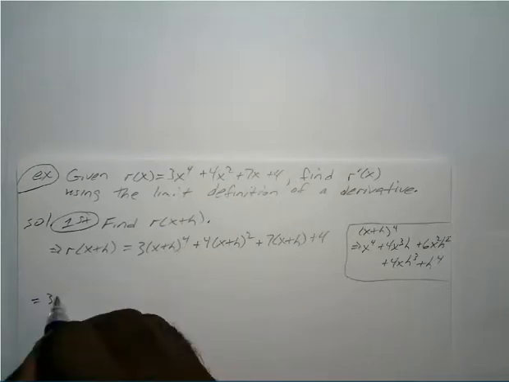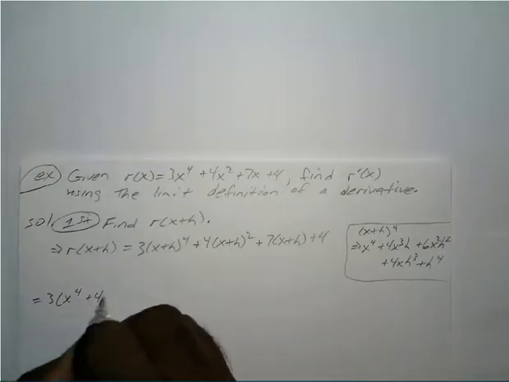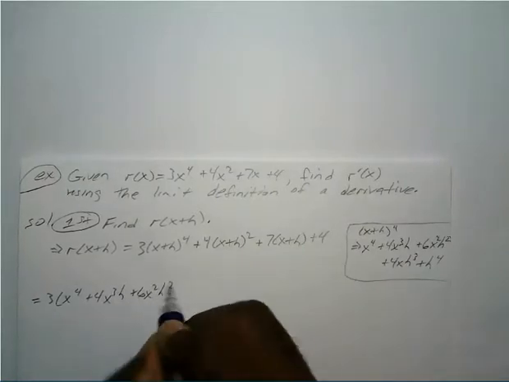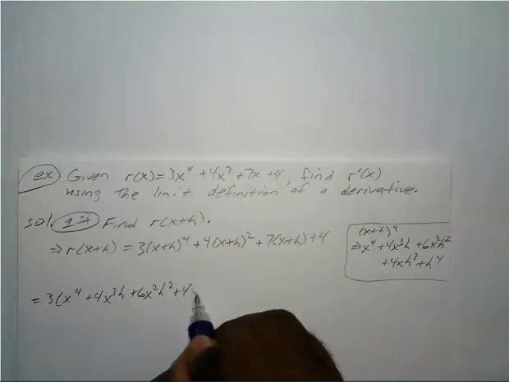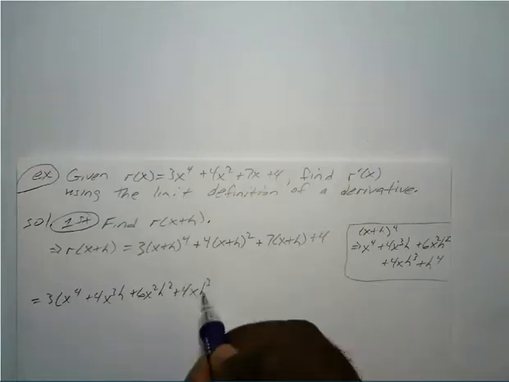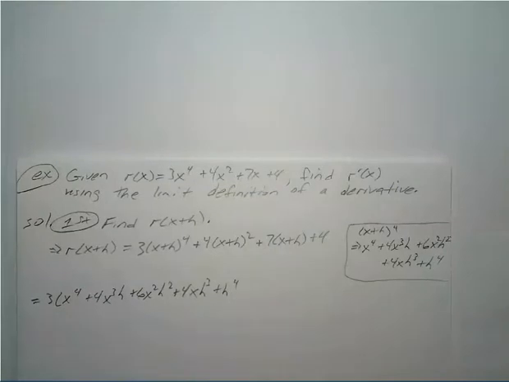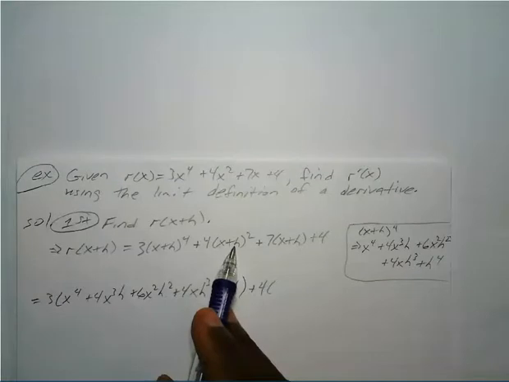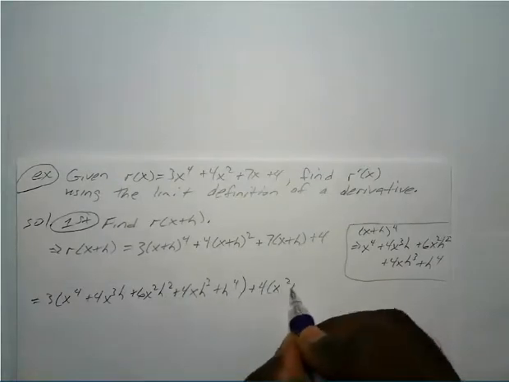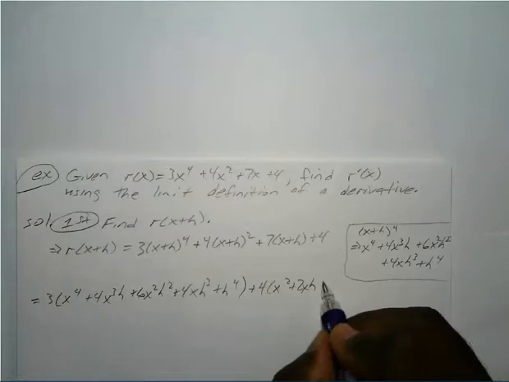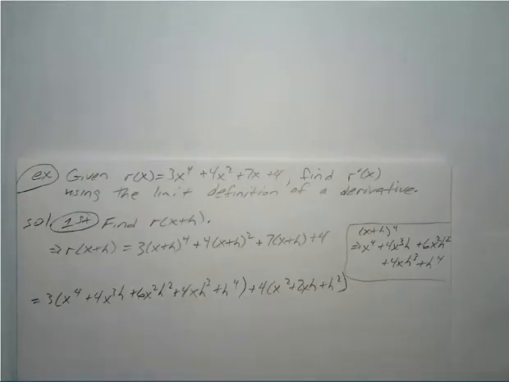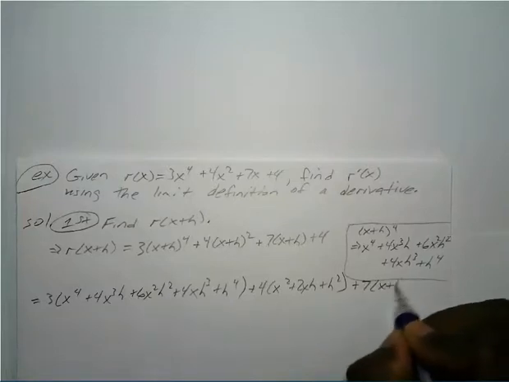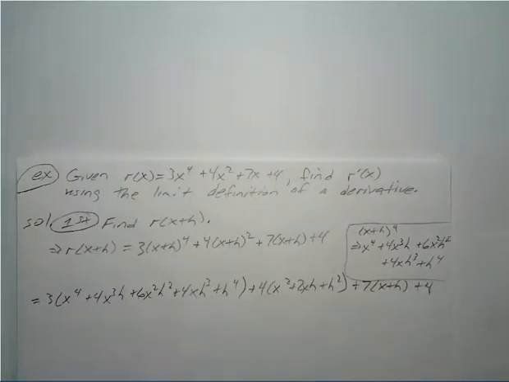So that's 3x to the fourth plus 4x to the third h plus 6x squared h squared plus 4x h to the third plus h to the fourth, plus 4 times x plus h squared, which is just x squared plus 2xh plus h squared, plus 7 times x plus h plus 4.